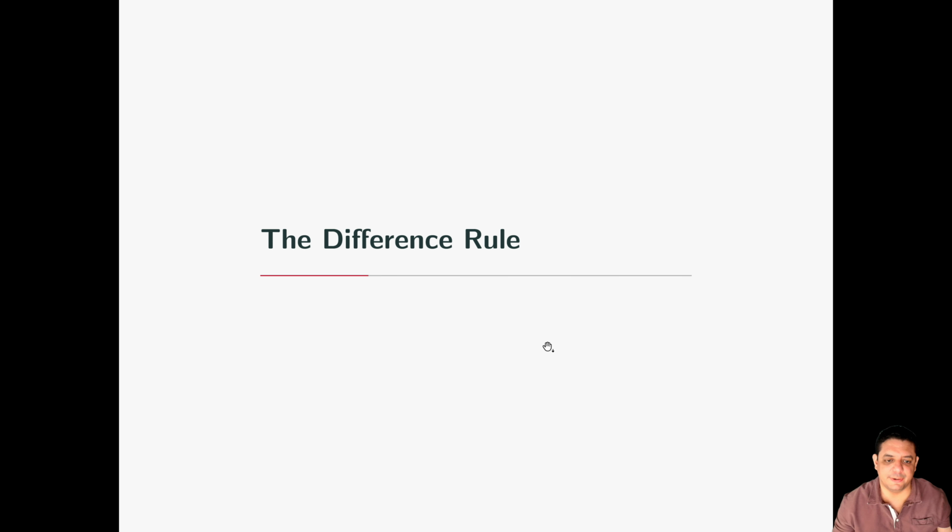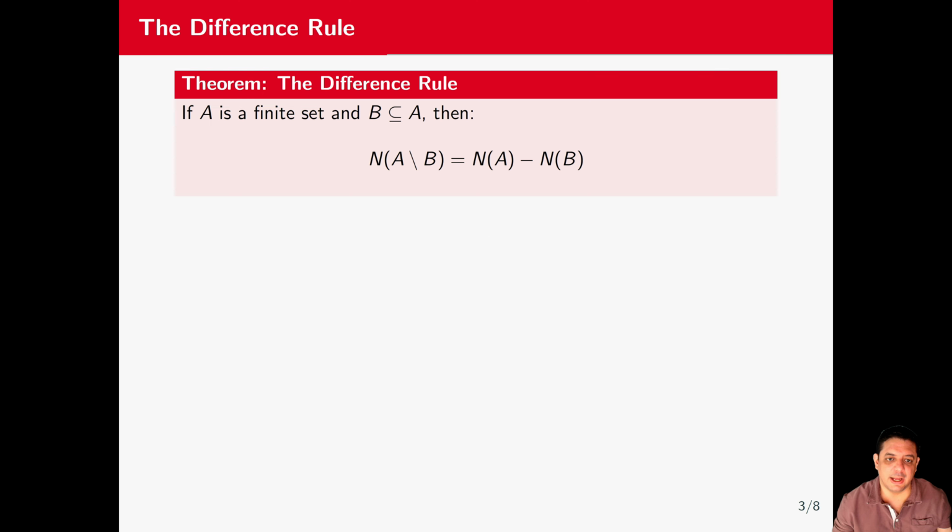Now let's talk about the difference rule. The difference rule is: if you have a finite set A and B is a subset of A, then the number of elements in A minus B is the number of elements in A minus the number of elements in B. This makes sense because A is a finite set, so we're pretty much subtracting numbers.